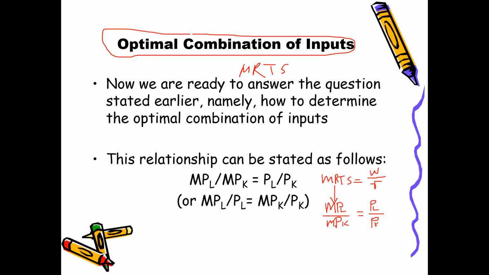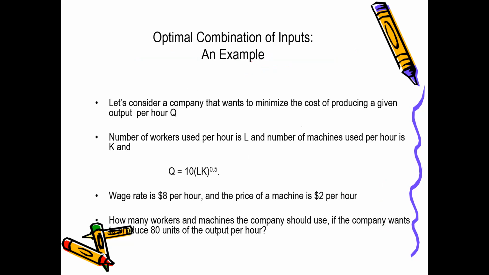So when this condition is satisfied, I call it the number one condition, or first order condition, or necessary condition, the producer reaches this optimal point. With that understanding, I will give you a small question here.